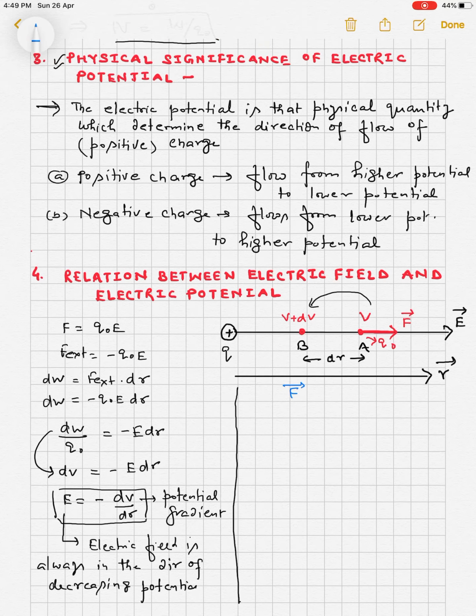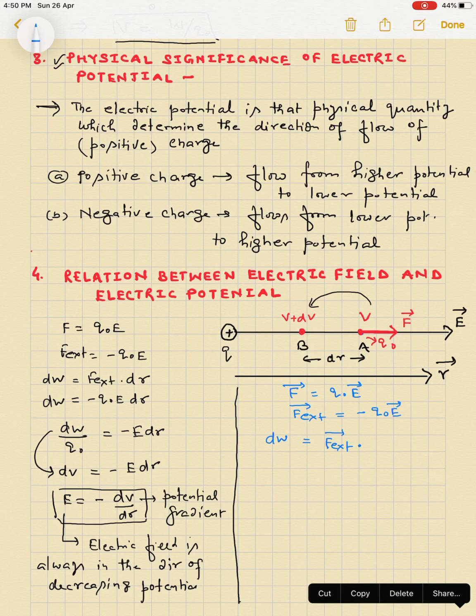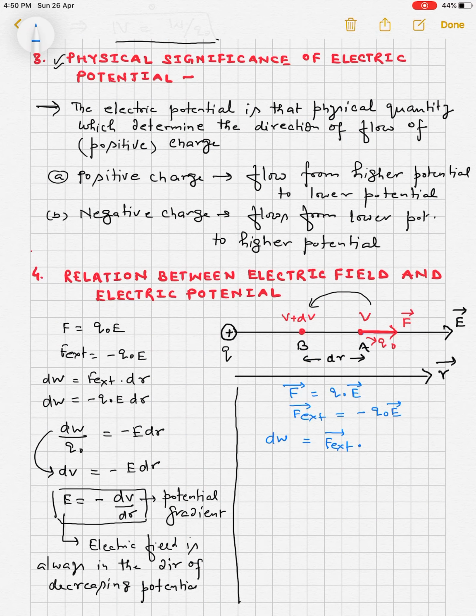Here F is equal to Q naught E. Similarly, F external is equal to minus Q naught times E. So the work done in moving the charge from point A to point B is the dot product of F external and displacement vector dr. Now putting the value, minus Q naught E dot dr. So it is dW.